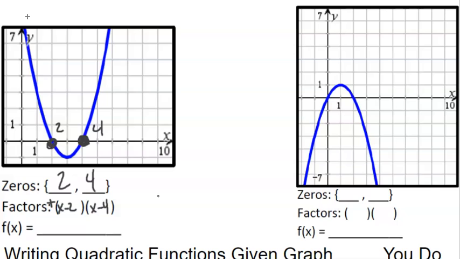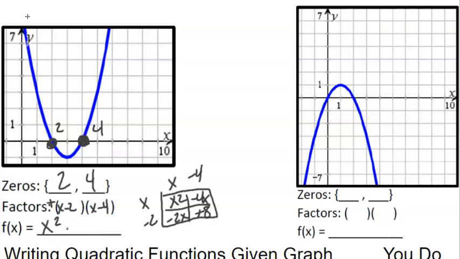And if you wanted standard form, you do the box method to multiply these out. So we have f of x equals x squared minus 6x plus 8. Okay, now for this next one, we have 0 and 2.